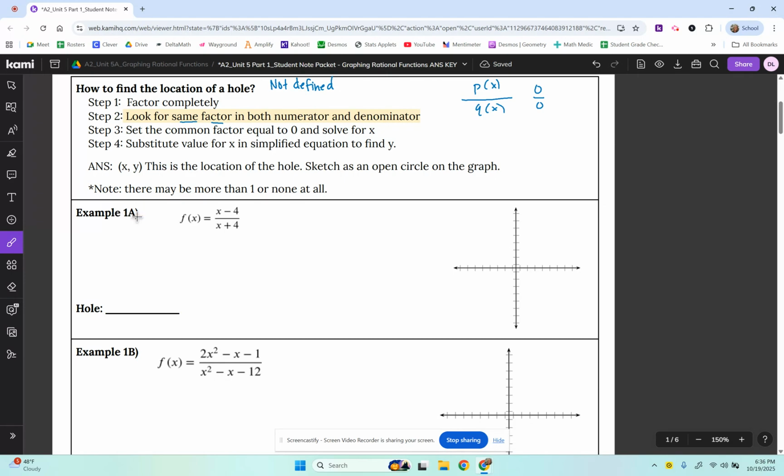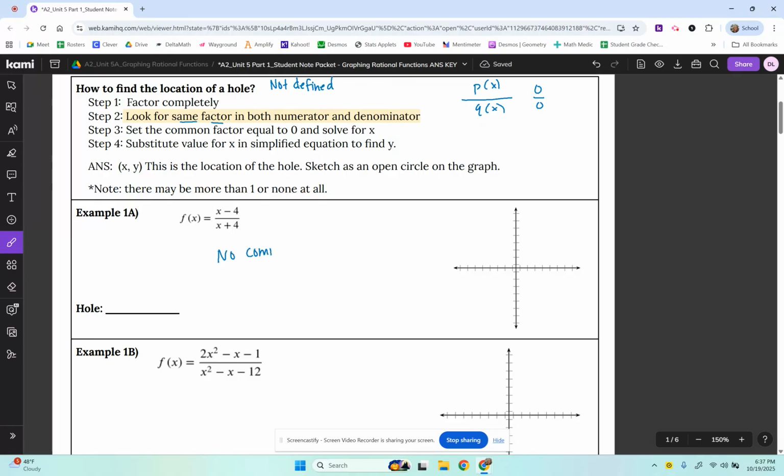So in example 1a, we're going to look here. Notice that it is already simplified. Step 1 is to factor. Well, we're already factored, so now we can jump to step 2: look for the same factor in both the numerator and denominator. X minus 4 is not the same as x plus 4. So we have no common factors.